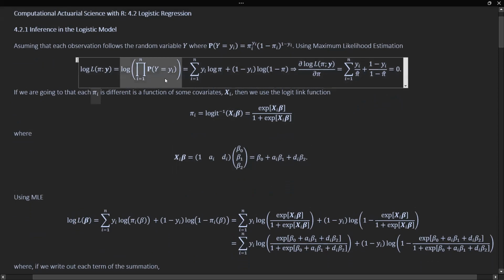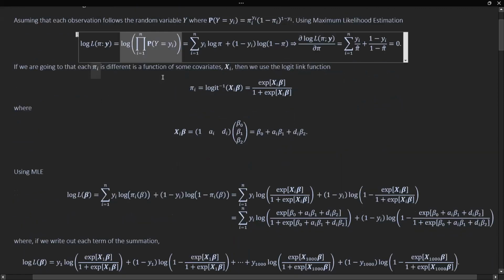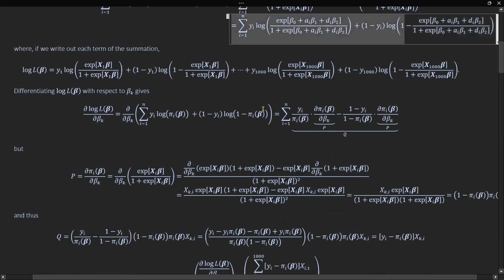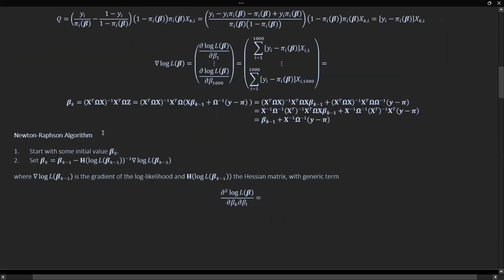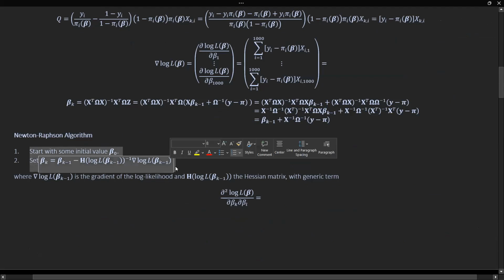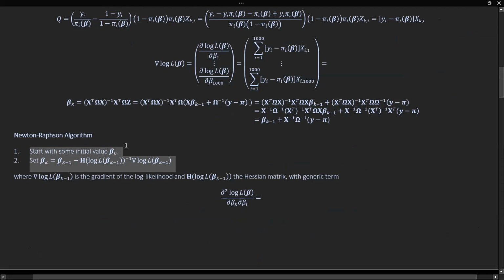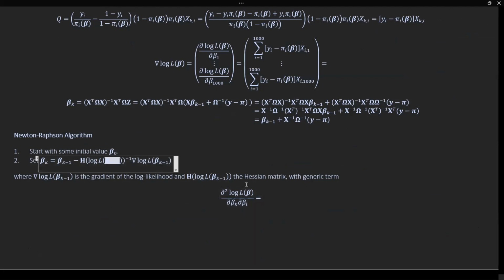You calculate the log likelihood, which is this over here. Then there's a lot of algebra, and then you solve by using Newton-Raphson. If you've seen Newton-Raphson at A level in the second paper, that was Newton-Raphson when you're solving for a single variable. This is Newton-Raphson in the multi-dimensional case.